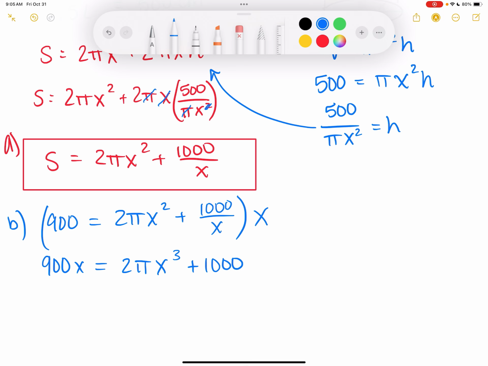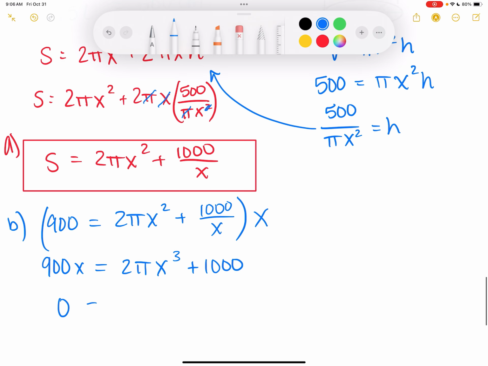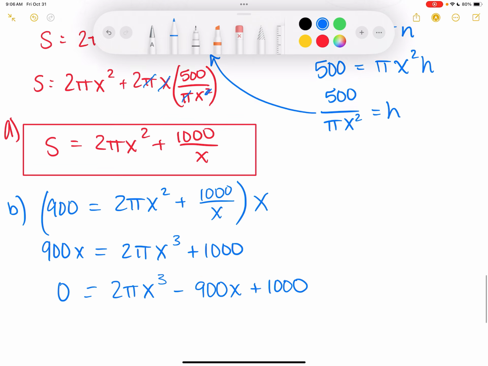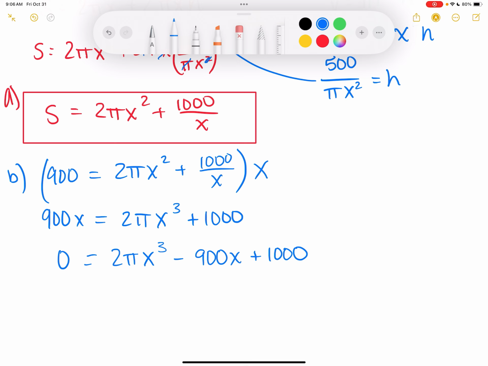Set it equal to 0. Move this over. So I get 0 is equal to 2 pi x cubed minus 900x plus 1,000.